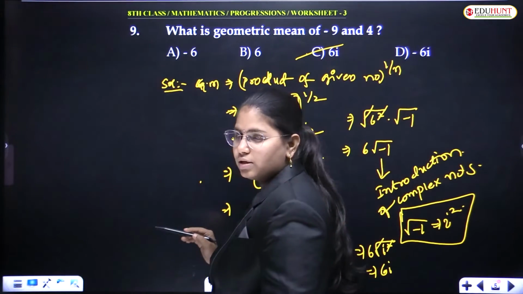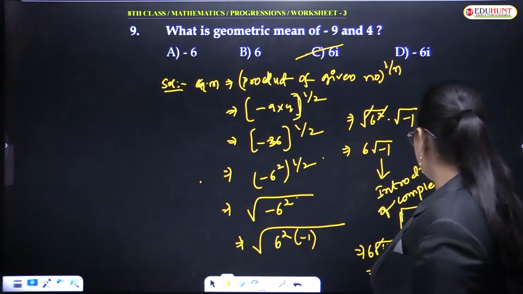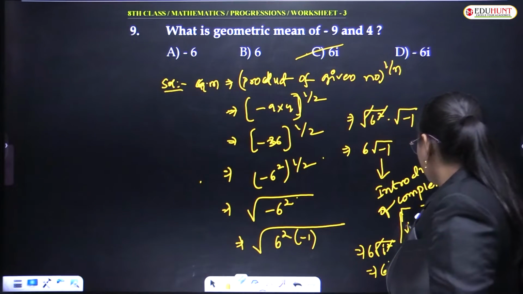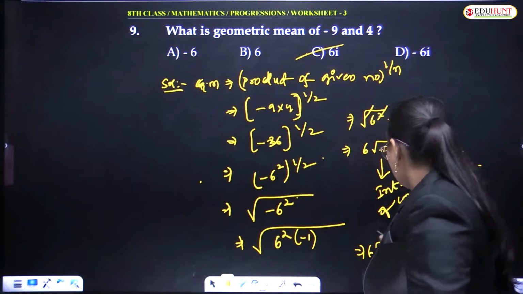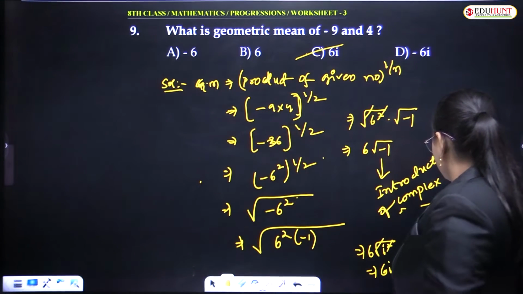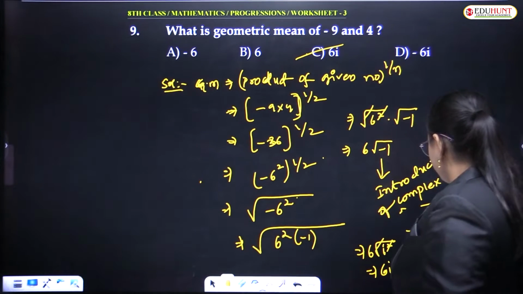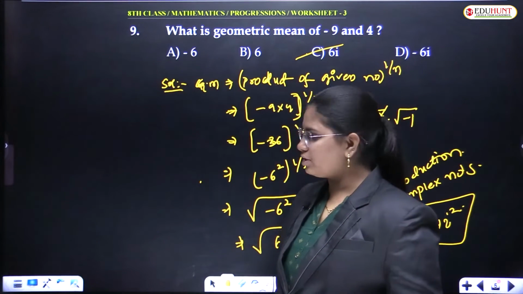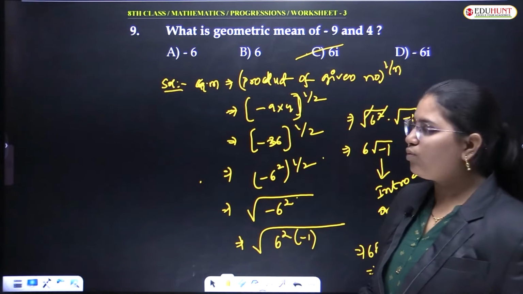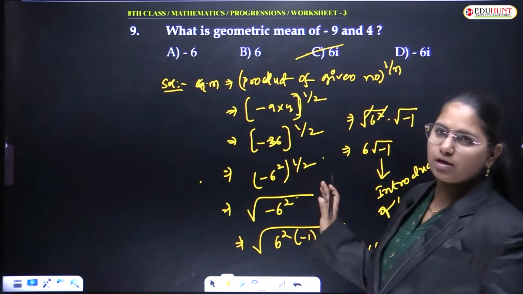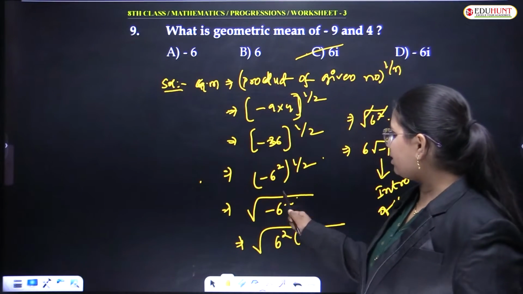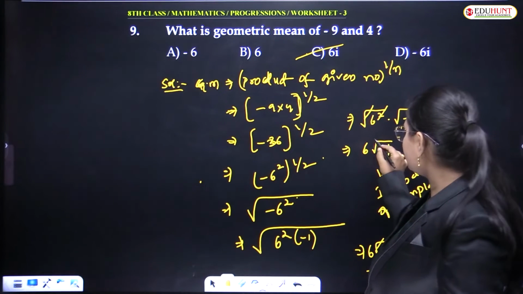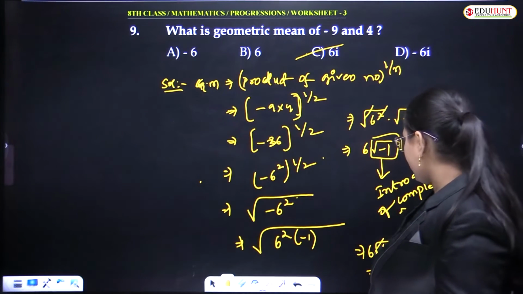I square value is equal to minus 1. Am I clear with this? So what is the new thing you have learned in this question? 6 into root minus 1, and root minus 1 value is nothing but i.